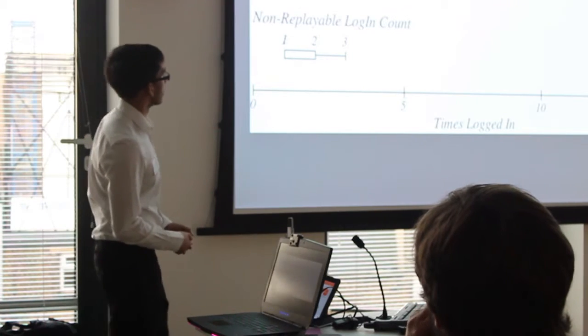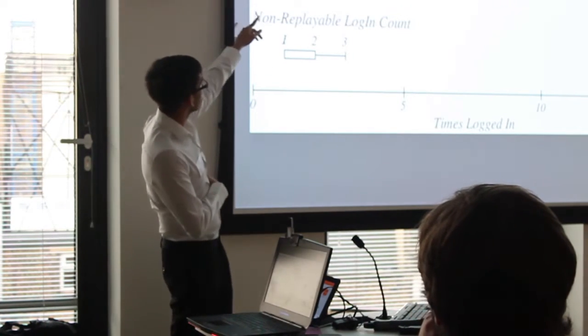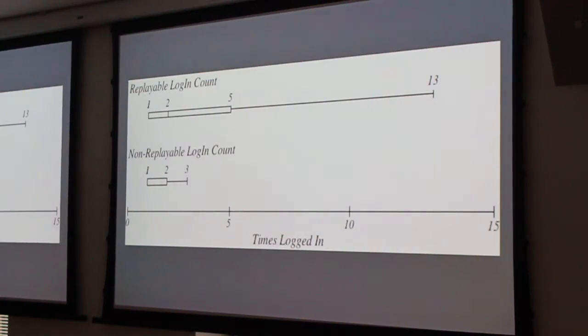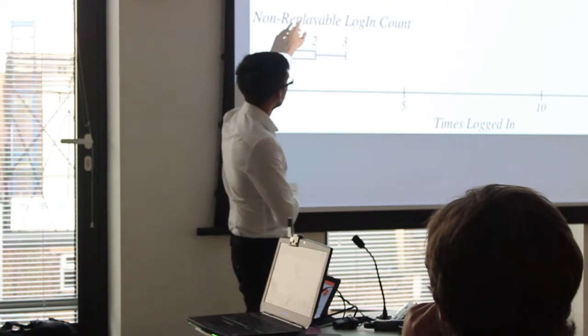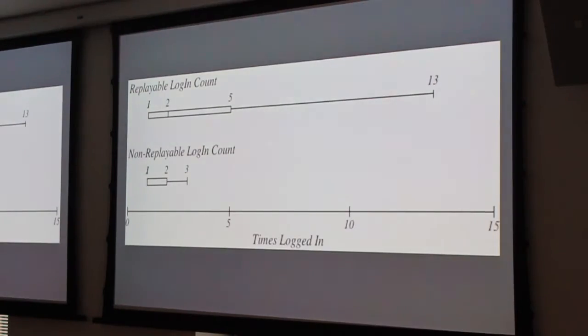And as you can see here, there's a bit of an overlap with my minimum values, my lower quartiles, and my medians here. So that's probably why you can't see the middle line here. But the replayable group is still hugely positively skewed compared to the non-replayable group.